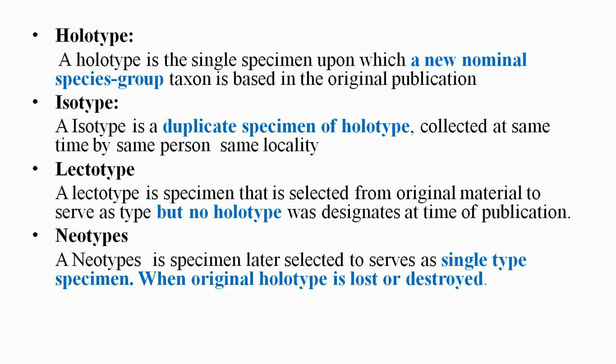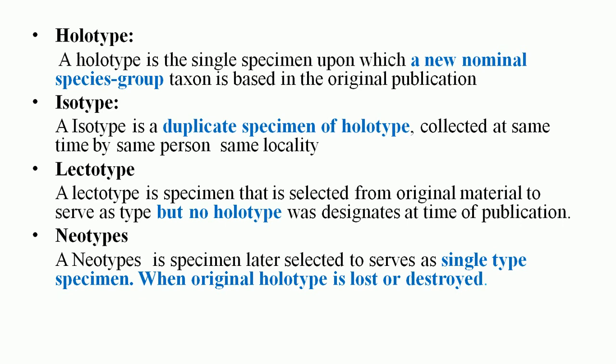Then what is the lectotype? A lectotype is a specimen from the original material when there is no holotype. It is designated at the time of publication. Then the next terminology is the neotype. A neotype is a single type specimen selected when the holotype is lost or destroyed.